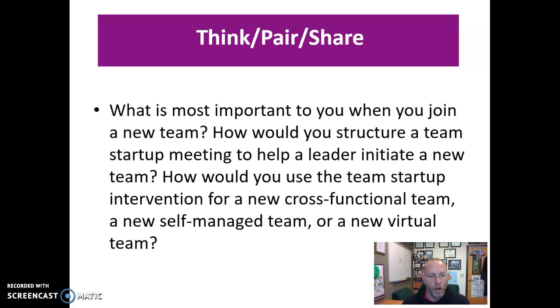Another question, what is most important to you when you join a new team? How would you structure a team startup meeting to help a leader initiate a new team? How would you use the team startup intervention for a new cross-functional team, a new self-managed team, or a new virtual team? So later on in the slide deck, there are materials on having a team startup meeting as a resource.